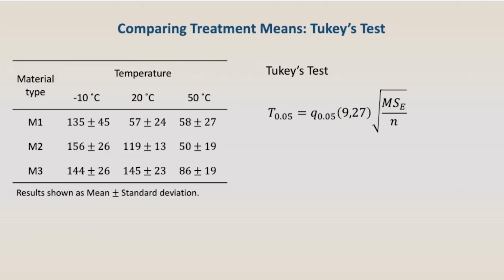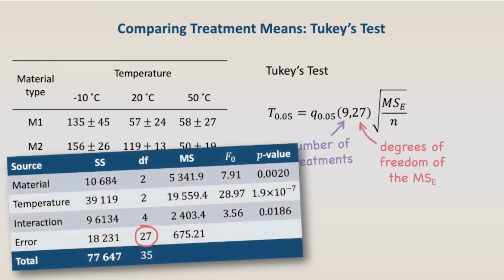Tukey's test compares the difference between two means to a limit value T alpha to state if they are significantly different or not. The limit value T depends on the significance level, the number of treatments, the degrees of freedom of the error, the mean square of the error, and the number of replicates.